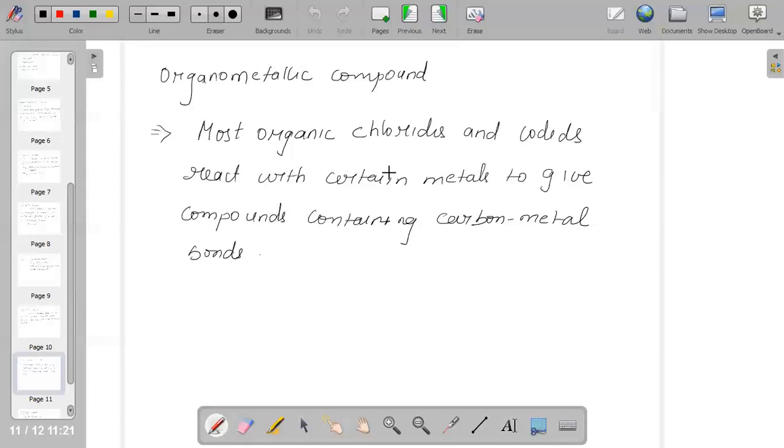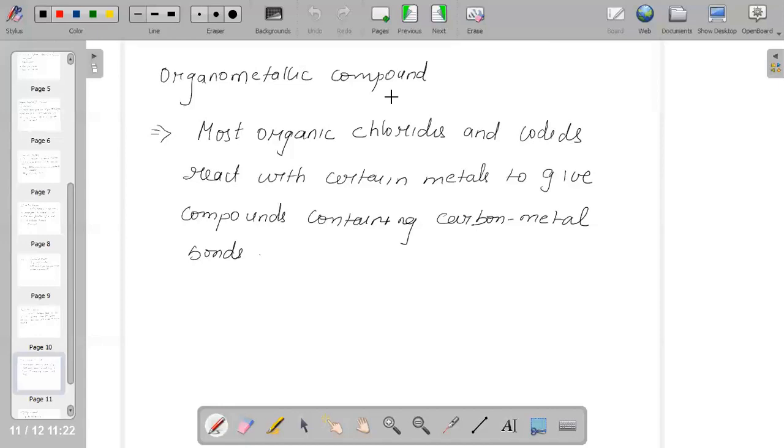Hence, those compounds are given the name organometallic compounds. The chemical properties of organometallic compounds include that they undergo nucleophilic substitution reaction and elimination reaction, and they have a tendency to react with metals.